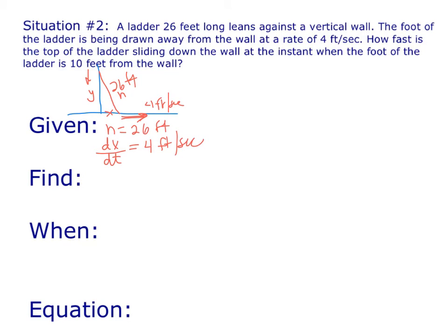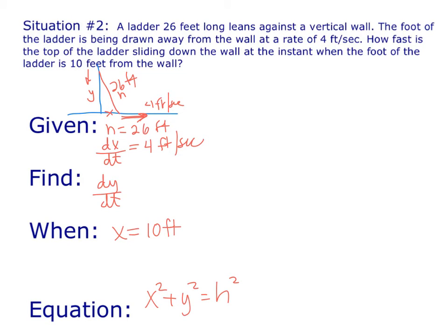And I want to know how fast y is changing, dy dt, when the ladder is 10 feet from the wall. And I think they mean along the bottom, so when x is 10 feet. All right, so this is a right triangle. So x squared plus y squared is equal to h squared.